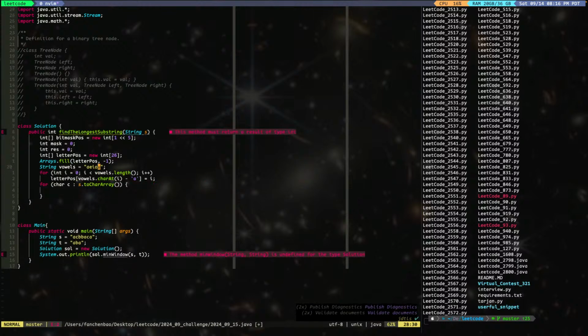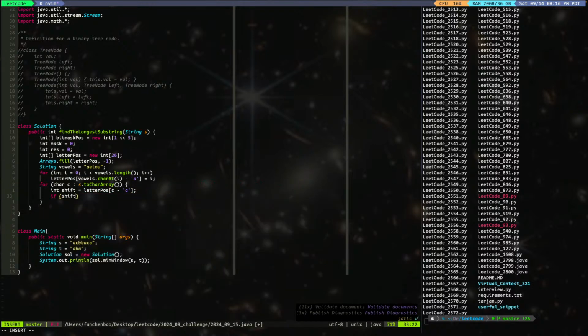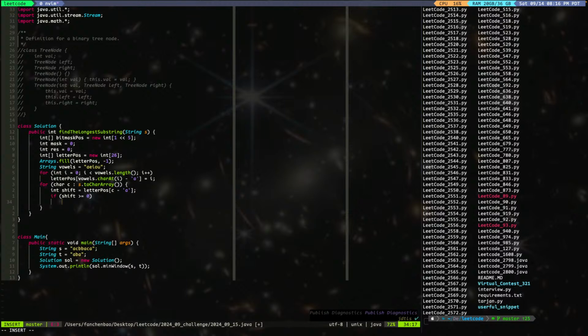Okay. So we have letter position, then we go through this one by one, and we say shift is going to be letter position of c minus a, right? If shift is larger or equal to 0, then mask will XOR equal to 1 left shift shift.